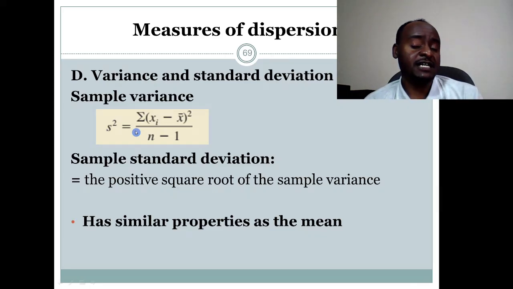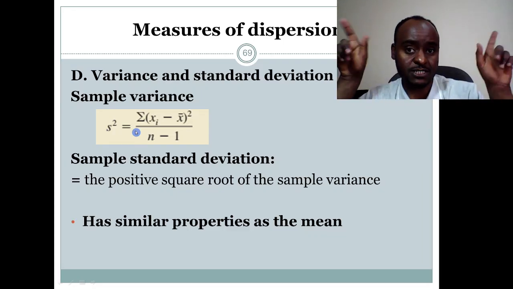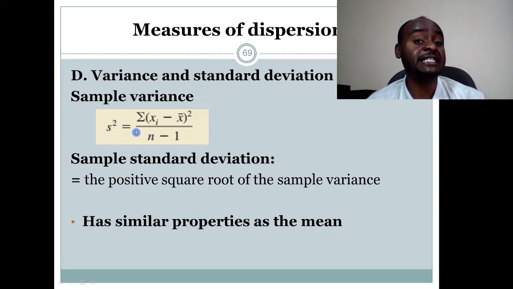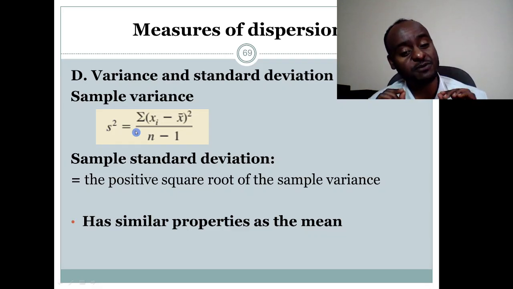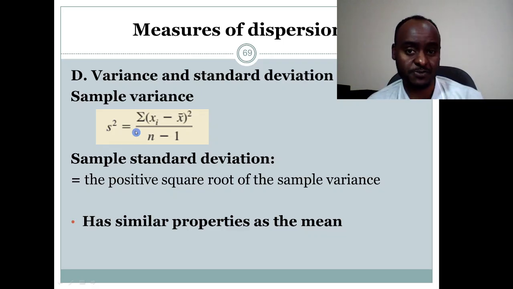It's not difficult from the perspective of the unit of measurement when we interpret the standard deviation. That's not a big deal, because it is the square root of a unit of measurement which is already squared. Simply, the unit of measurement of the standard deviation is the same as the unit of measurement of the data point.